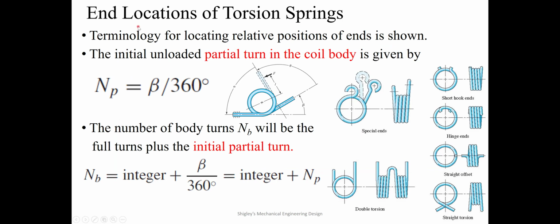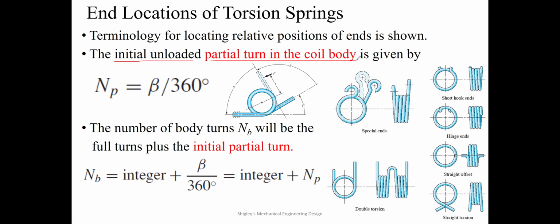So let's look into the terminology. Now we define the initial unloaded partial turns in the coil body, that is, the torsion spring without load applied.